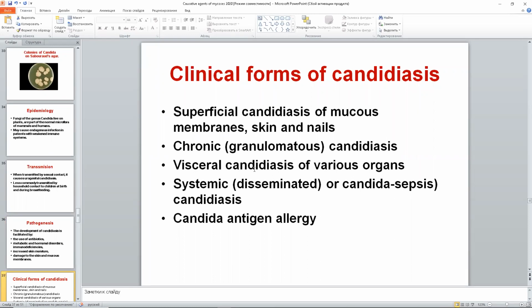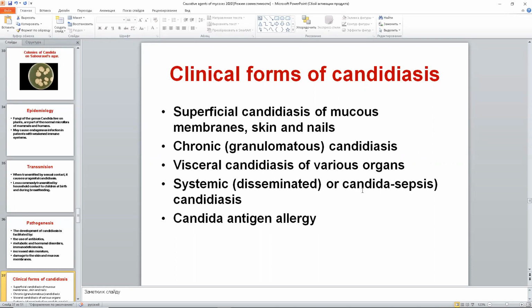Again, this clinical form is developed due to treatment by antibiotics. Candidiasis of stomach, candidiasis of small intestine are described, when Candida really multiply a lot in the stomach, in small intestine. Then, of course, in immunocompromised people, systemic or disseminated candidiasis develops, or Candida sepsis.